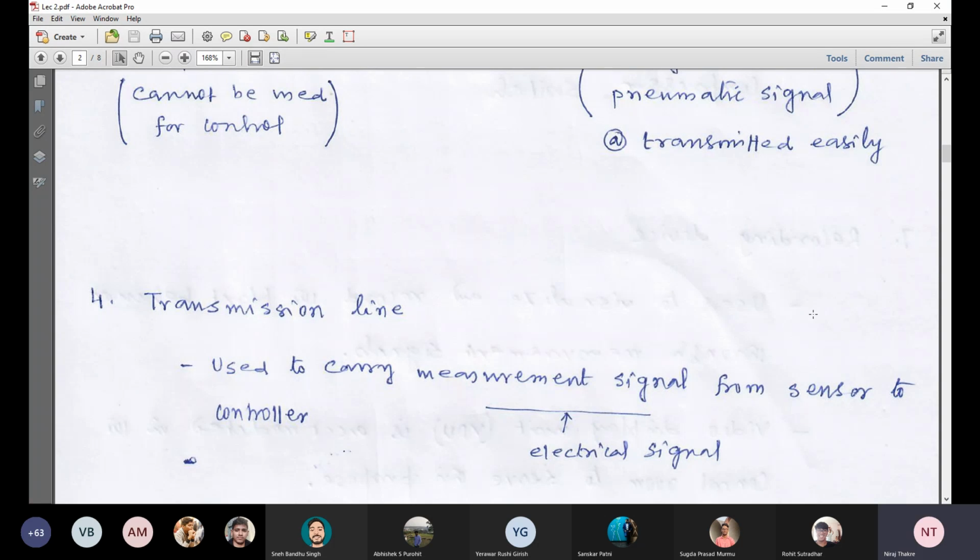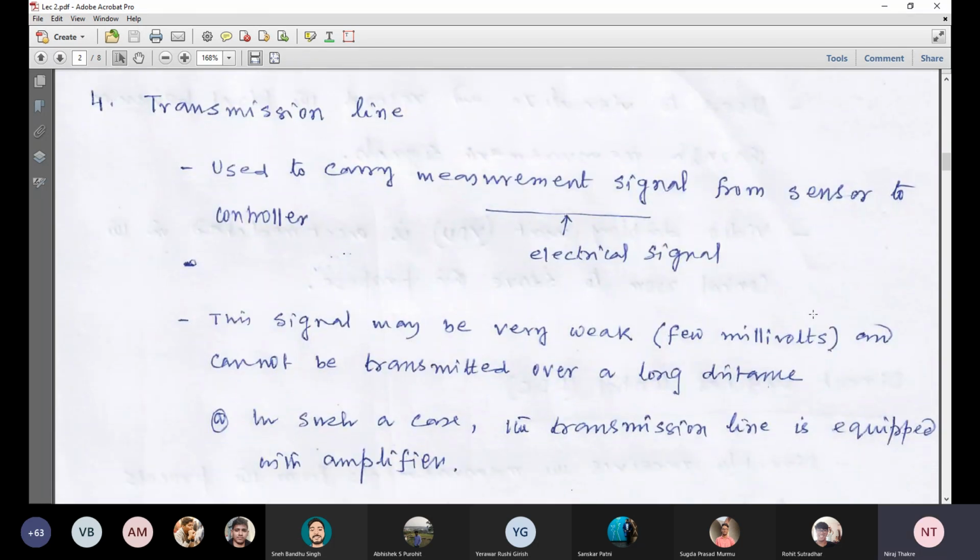Okay, in the past these transmission lines were pneumatic. That means they were transmitting compressed air, compressed liquids. But nowadays, in most cases it is an electrical signal. It may be voltage, it may be current, like that. As I showed just in the third step. Now this signal may be very weak, a few millivolts, and cannot be transmitted over a long distance.